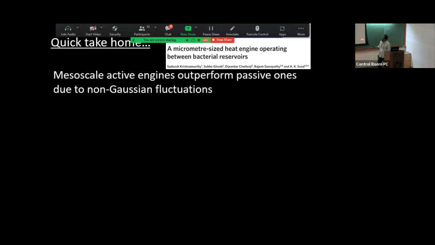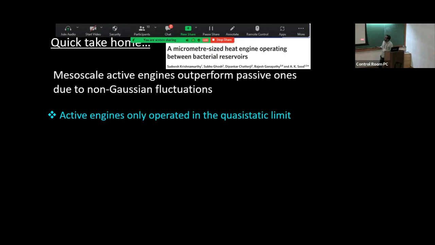Therefore, of course, the non-Gaussian fluctuations here are driving this active engine to outperform the passive ones. But this is only happening in the quasi-static limit, because the finite cycle durations where irreversibility occurs were inaccessible in the experiments with live bacteria.